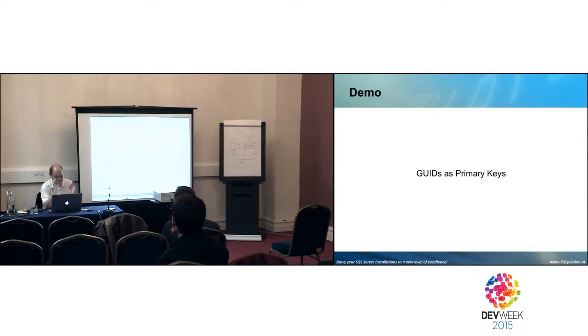And in the next step, we will check our index fragmentation with the dynamic management function sys.dm_db_index_physical_stats. And you will see that we have in the leaf level of the clustered index an index fragmentation of nearly 100%, 99.4%.